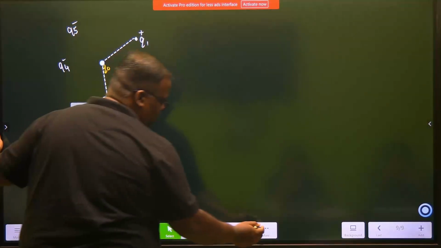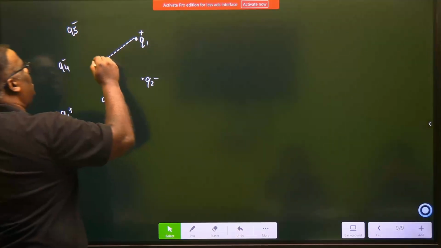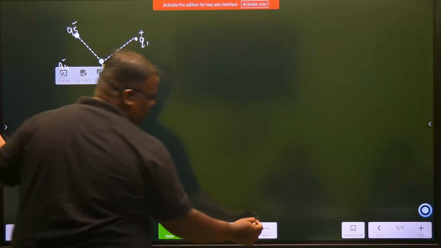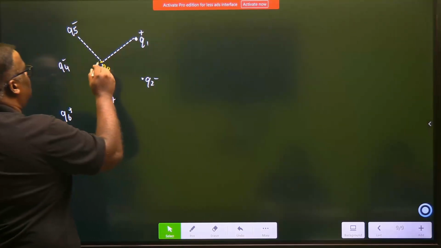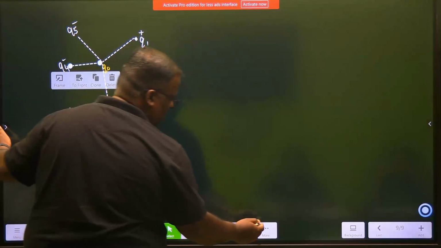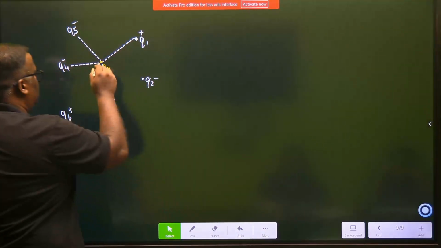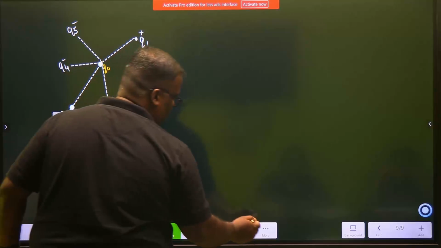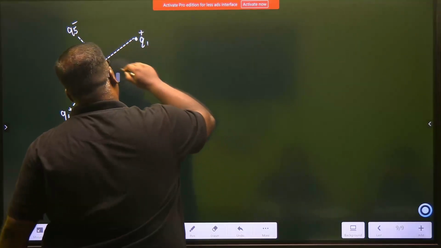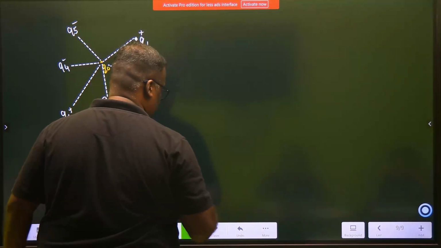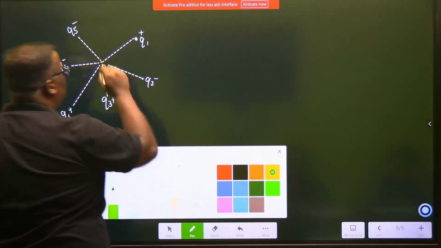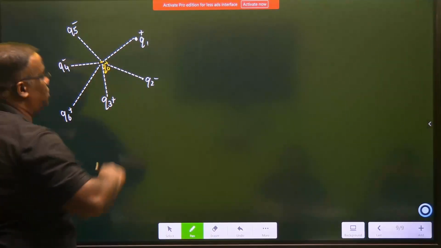Do you agree? And my test charge Q0, test charges are always positive, children, by default. Test charges have very small values and they are always positive.